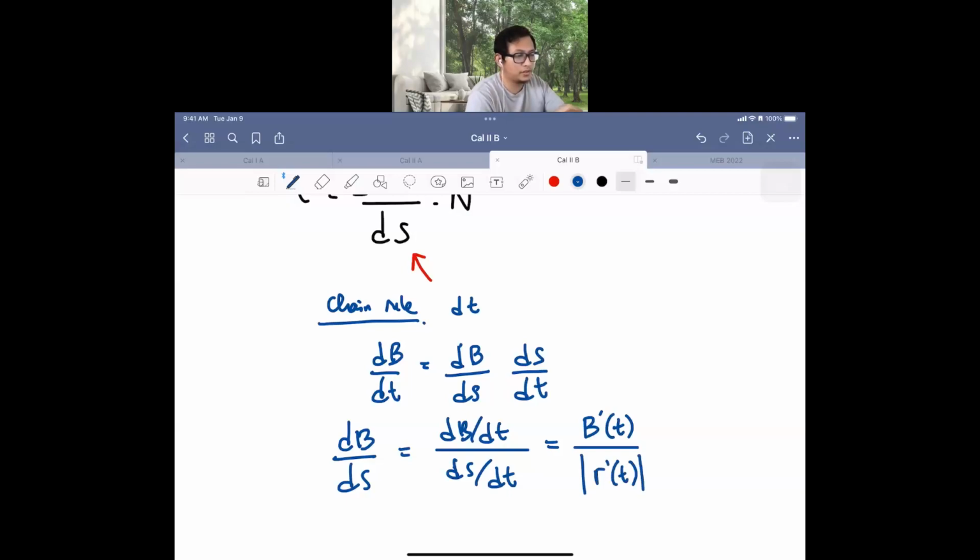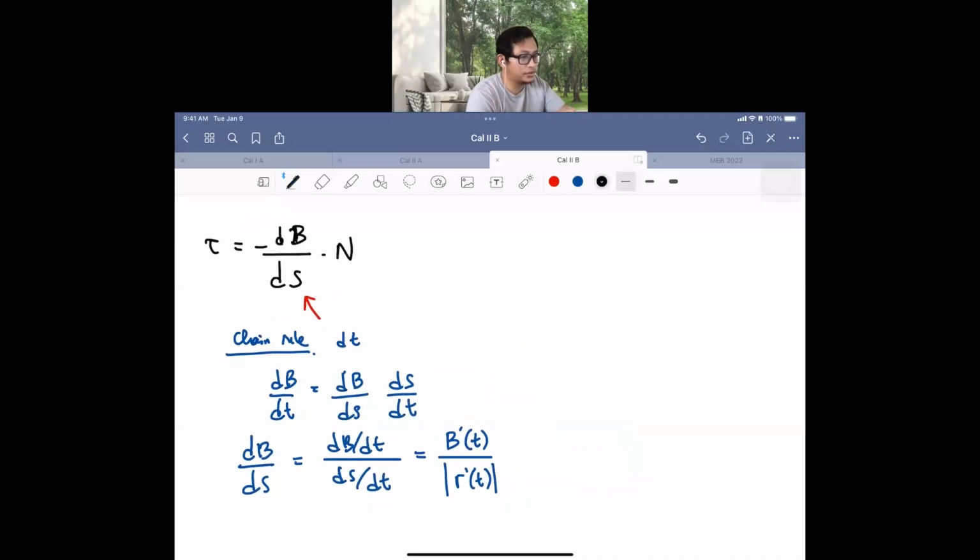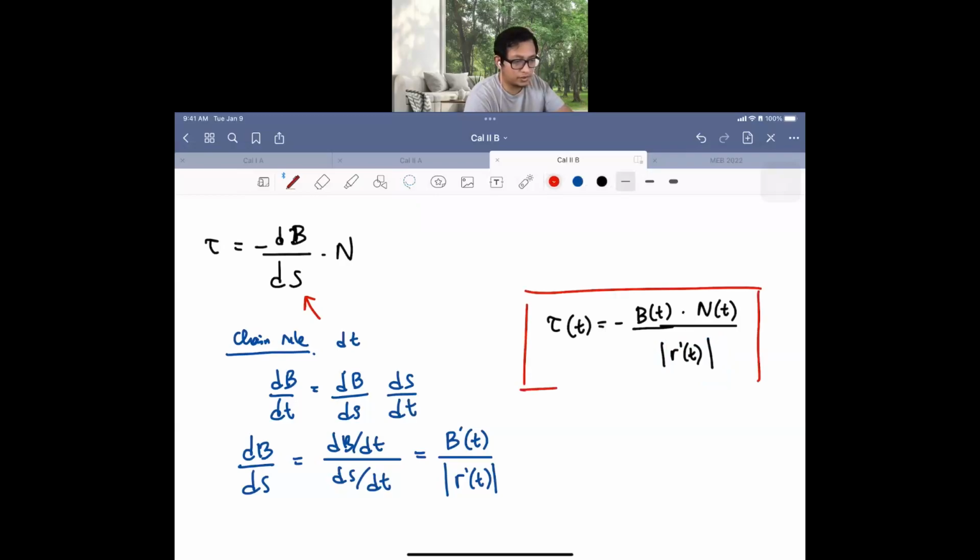Because of this, we can write the torsion as a function of t: dB over ds becomes B prime of t divided by the magnitude of r prime of t, multiplied with the dot product with n.